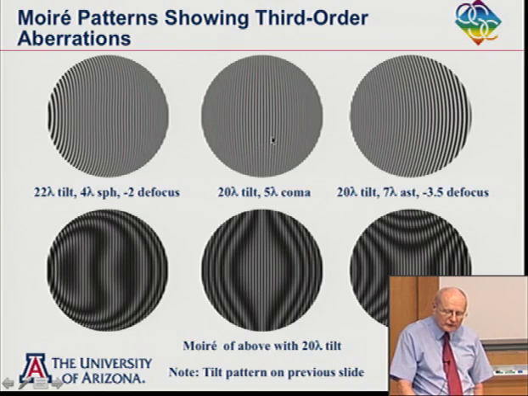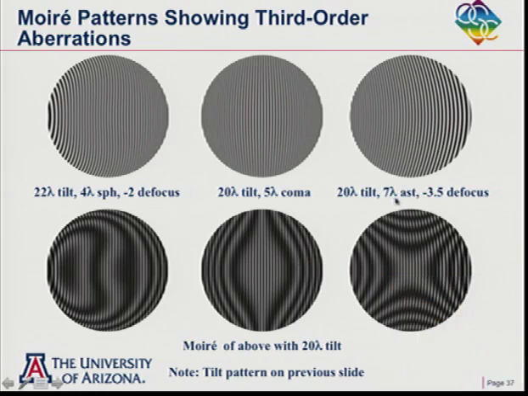Here I have 20 waves of tilt and 5 waves of coma, so if I moiré that with my 20 waves of tilt pattern, I'm going to get this. This one is 20 waves of tilt, 7 waves of astigmatism, minus 3.5 waves of defocus.